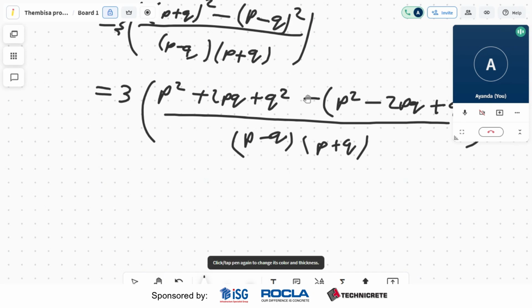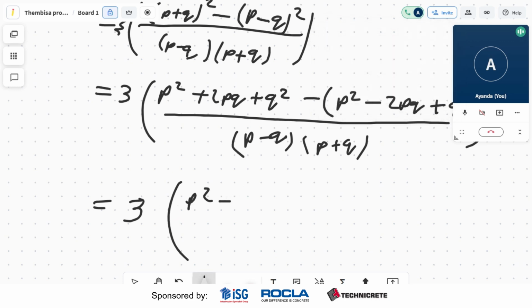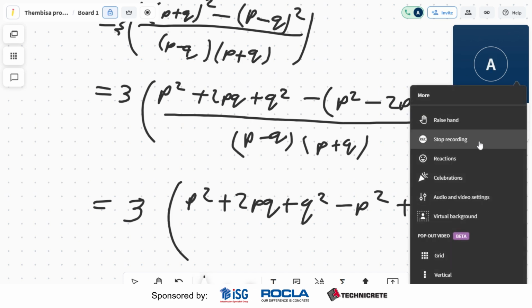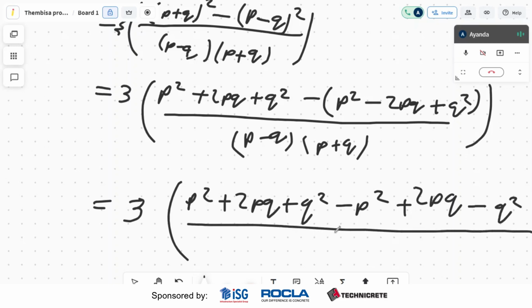Now we need to distribute this negative into the bracket. And we're left with 3 times (p² + 2pq + q² − p² + 2pq − q²), everything divided by our LCD (p − q) times (p + q).